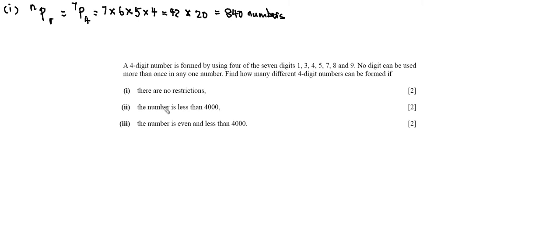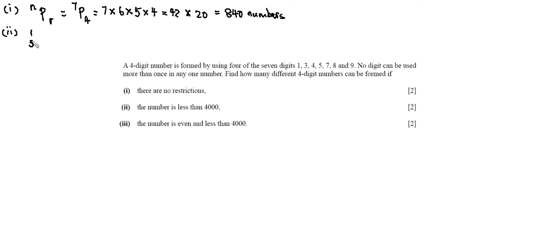Now let's look at this. Here's something more interesting. The number is less than 4,000. Less than 4,000 means you can only start the number with 1 or 3.